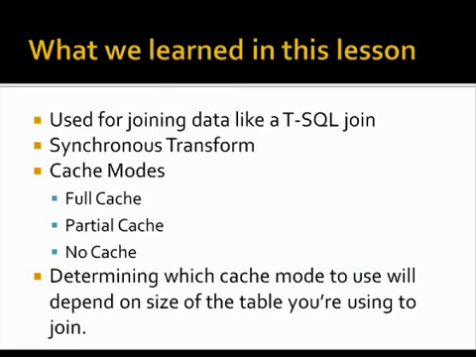There are several different cache mode options that we could use. Again, this is completely dependent on the table size that we use. The best practice would probably be to use the full cache, but depending on the size of the table, you might opt for the partial cache. We have a little warning in the book that you might notice to avoid using no cache, because it can be very detrimental to the performance of your package.